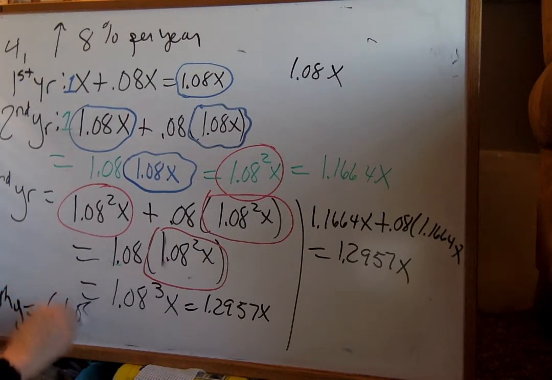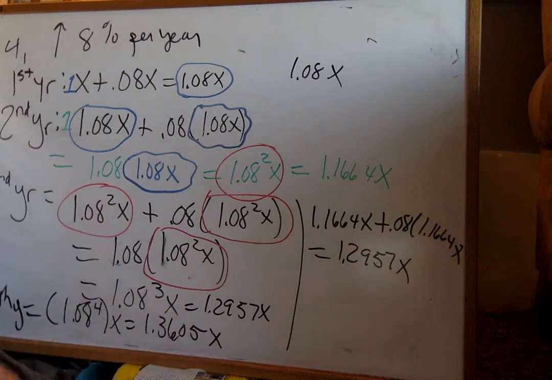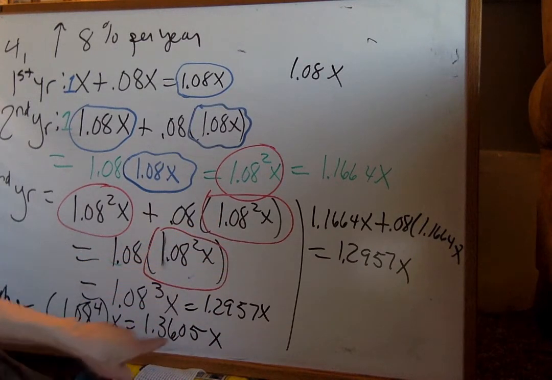It's going to be 1.08 to the fourth x, which is 1.3605x, right? This is how compounding interest works. Fourth year is 1.36x. I'm shortening it up so I can talk about it.